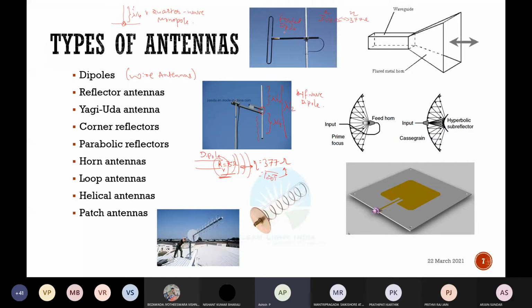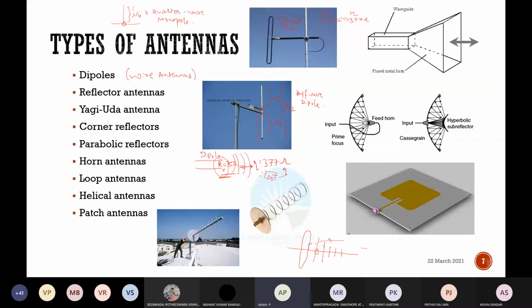And then there is another particular type of antenna which is called Yagi-Uda antenna, which is very famous. So this is a reflector here, then one director element, main element, and followed by another. This is the main radiating element, and it radiates in the forward direction.